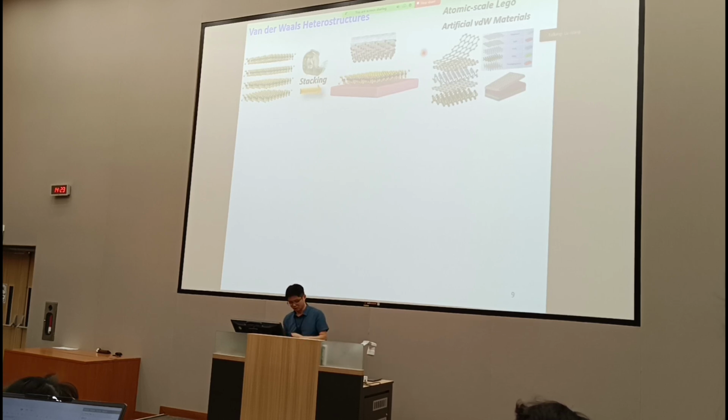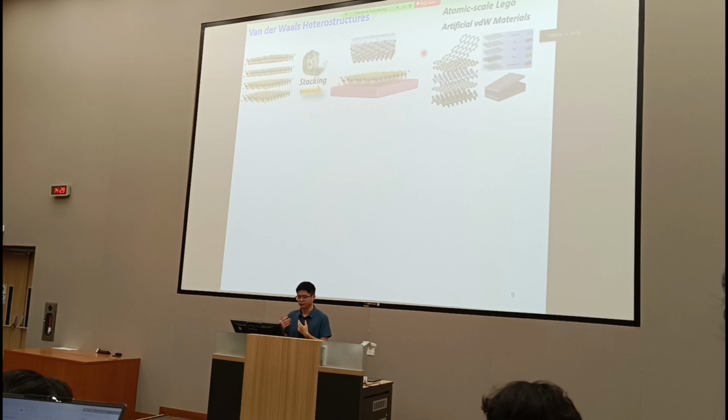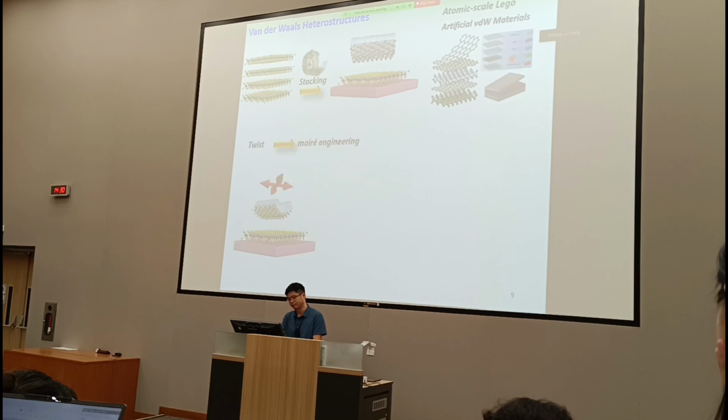But that is just exfoliation. By stacking, think about it, you have graphene, semiconductor, metal, superconductor, magnetic materials. All these offer different kinds of combinations. It creates a zoo of these artificial heterostructure materials, just like playing with Lego. So by stacking, you can already do a lot.